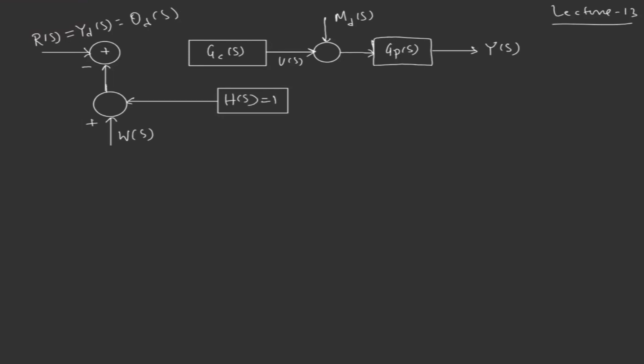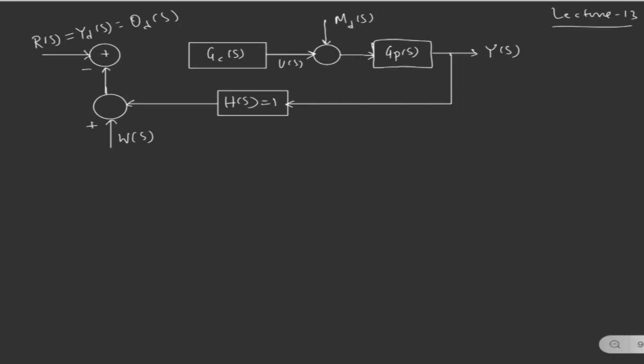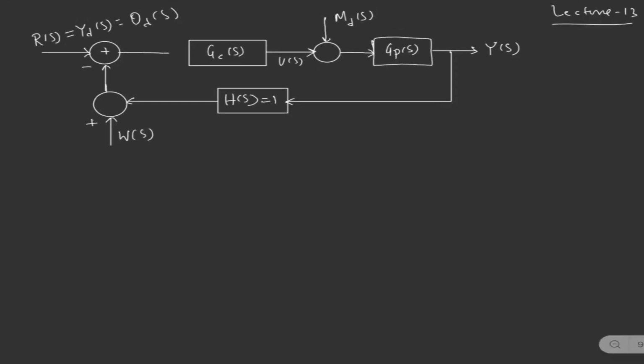This is basically a unit feedback system. And this is the input to the sensor transfer function, and the error was going to the controller. This is E of S.